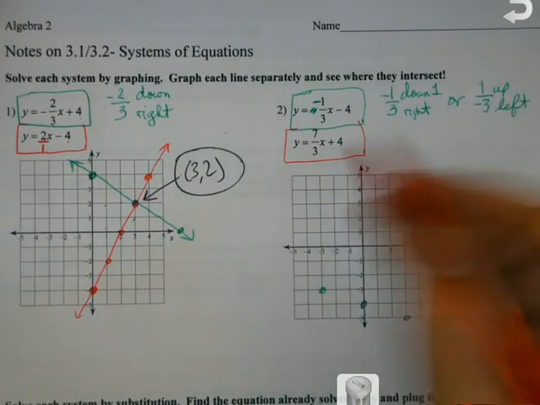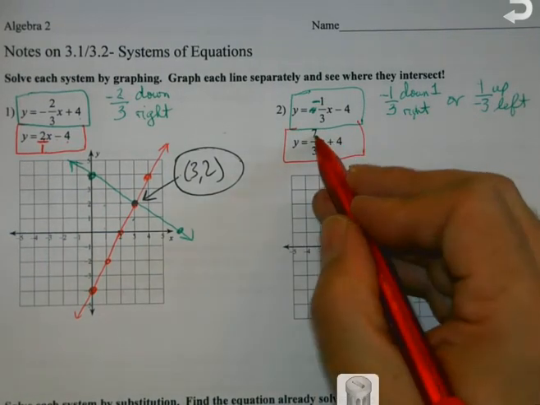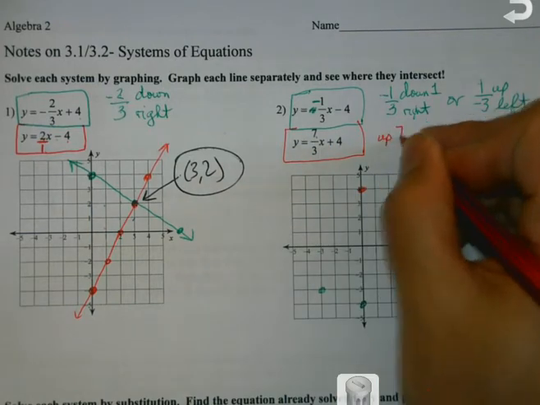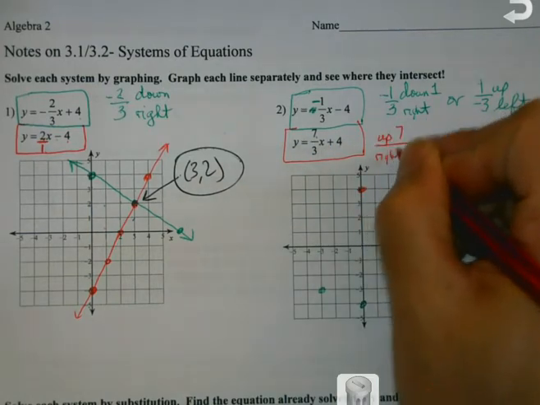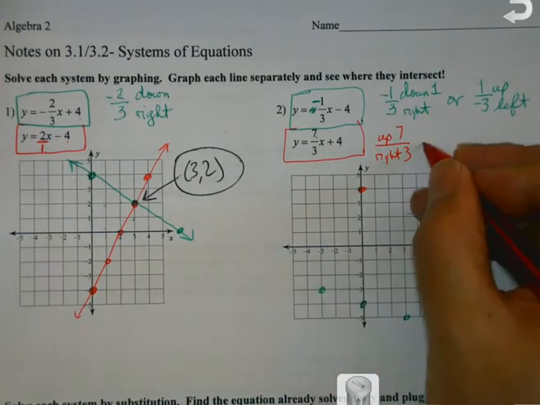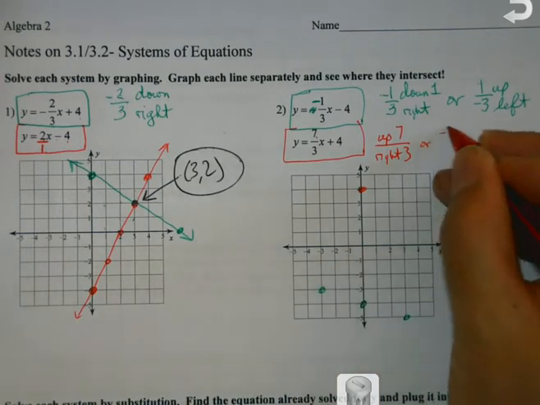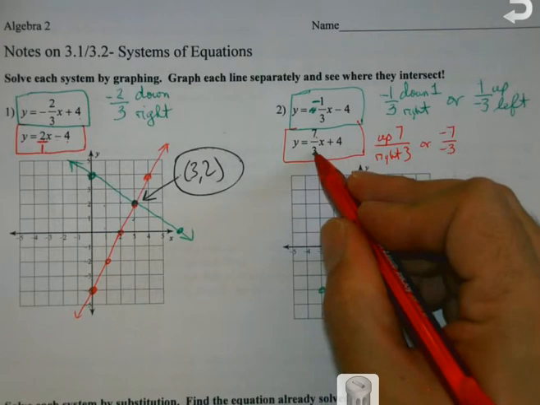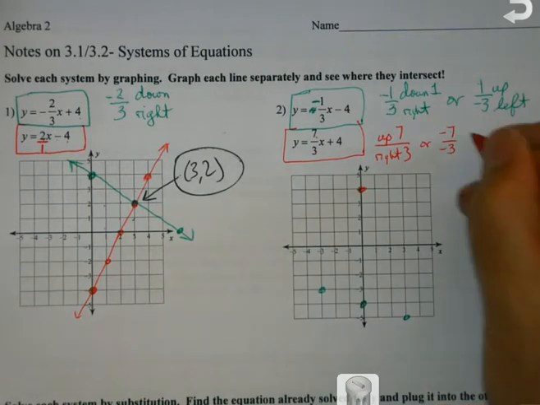Okay, here my y-intercept's at 4. Uh-oh, up 7. I'm supposed to be going up 7 and right 3, but I can't do that. Here's the other thing you can do. You remember you've heard in math class before that two negatives make a positive? I can treat this like it's -7 over -3, because a negative divided by a negative would be the same thing. It would be positive like this is.